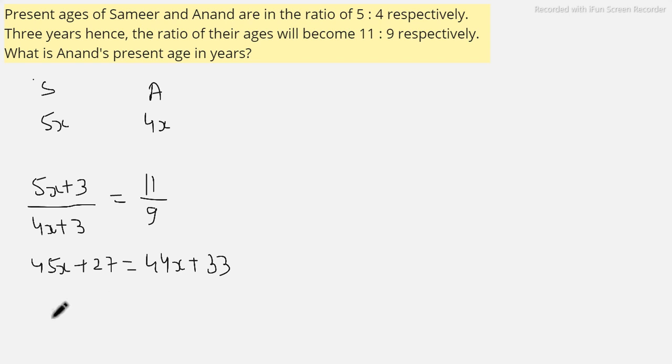So it comes as x is equal to 6. Now what is being asked? What is Anand's present age in years? So Anand's present age is 6 into 4, that is 24. So Anand's present age will be 24 years. So moving on to next question.